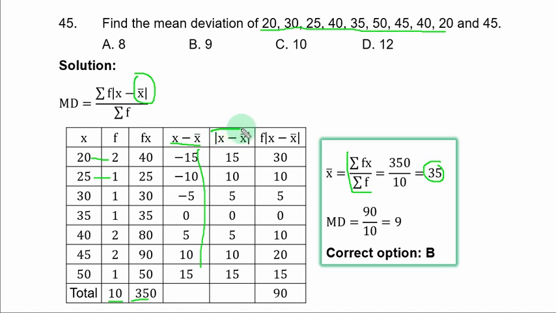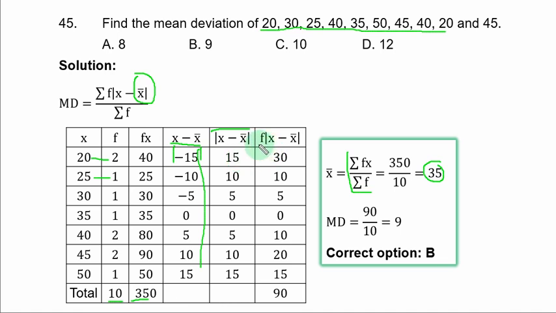This symbol of absolute value simply converts all negative numbers to positive numbers, and the ones that are positive remain positive. So the absolute value of minus 15 becomes plus 15. That of minus 10 becomes 10. Minus 5 becomes 5, and so on.